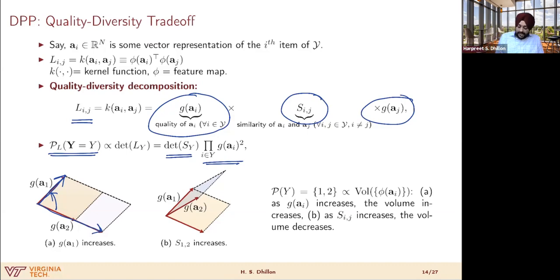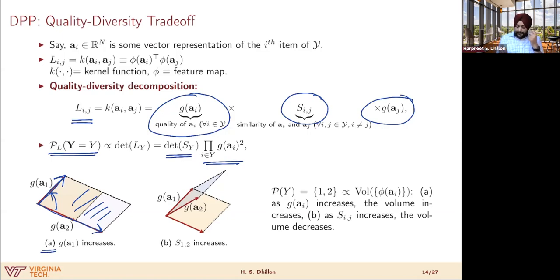So in the first figure, as the quality increases, the area of this parallelogram increases, which means the probability that you'll be selecting these two items together also increases.